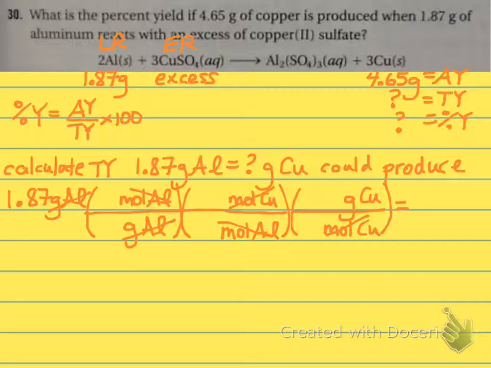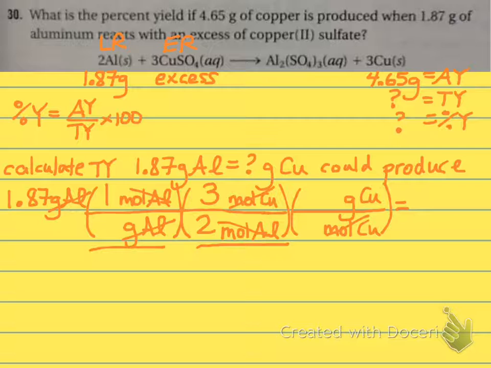The easiest numbers are probably my mole ratio, because that's my coefficients in my balanced equation. So my coefficient on copper is 3, and on aluminum it's 2. In my molar masses, my coefficient in front of moles is always 1. My grams come from my periodic table, and I want to use 3 significant figures.